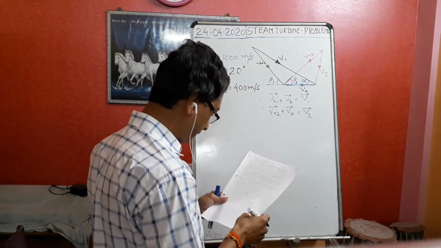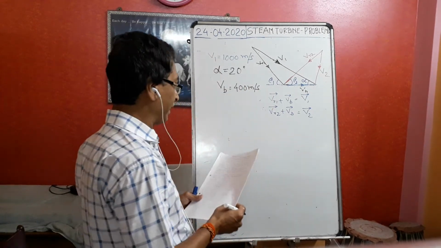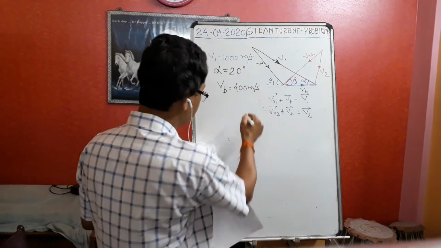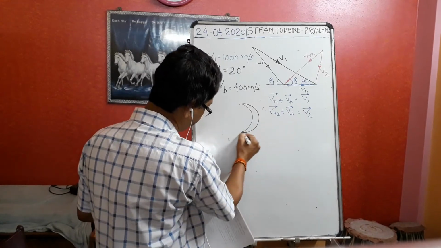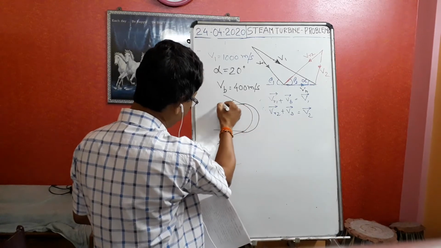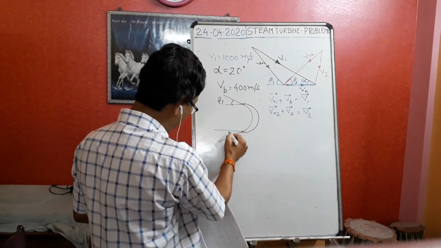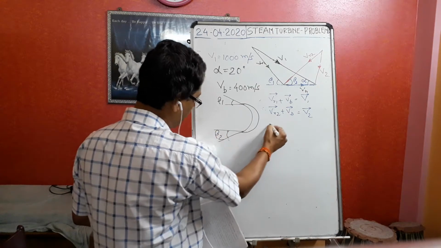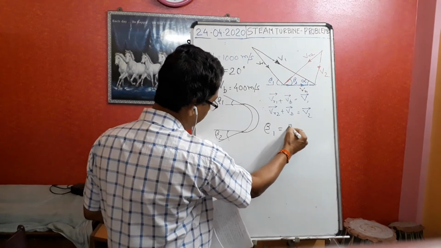This is given. And the blades are symmetrical. Blades are symmetrical means this angle is the inlet blade angle beta 1, and this is the outlet angle beta 2. So beta 1 must be equal to beta 2.